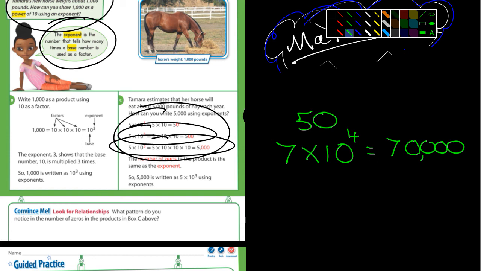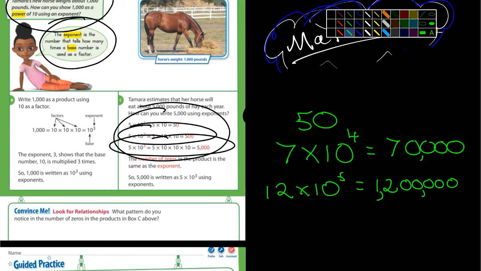What if I wrote 12 times 10 to the 5th power? That would be 12 followed by what? That would be 1,200,000.